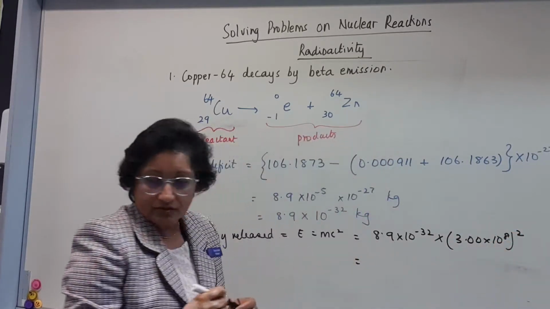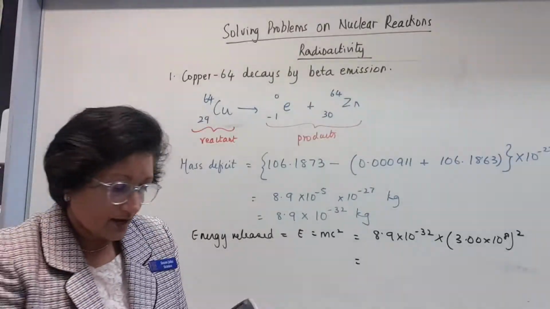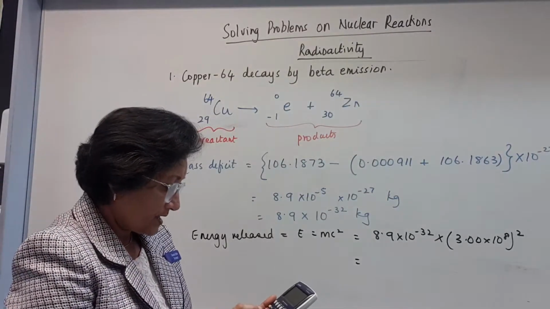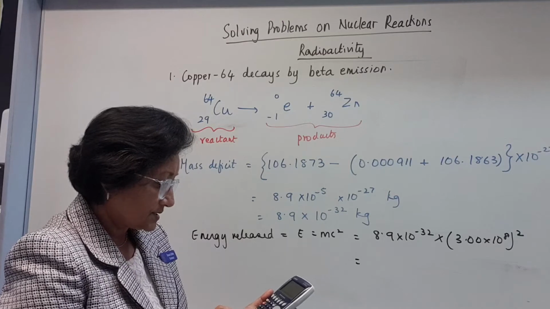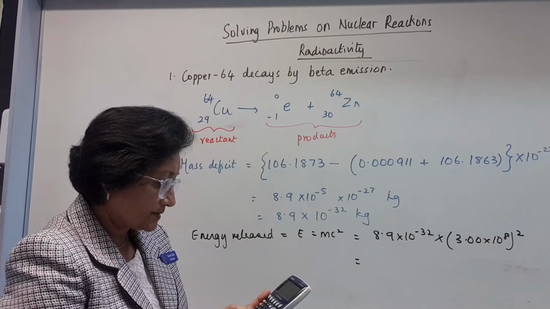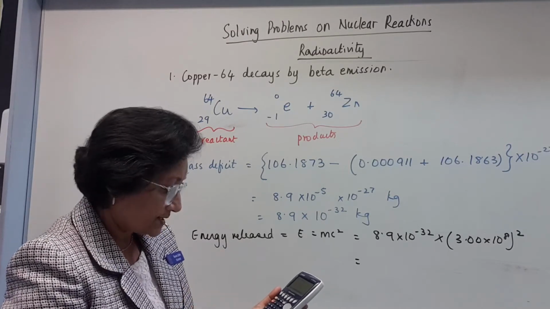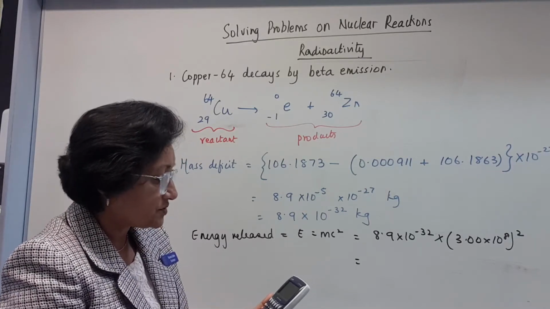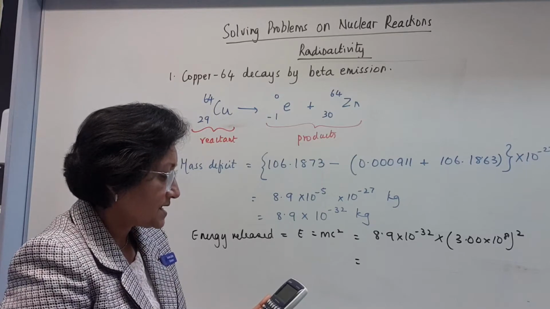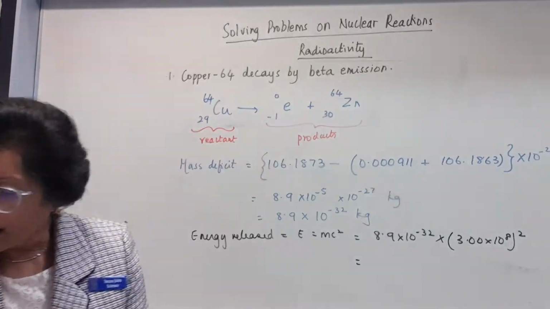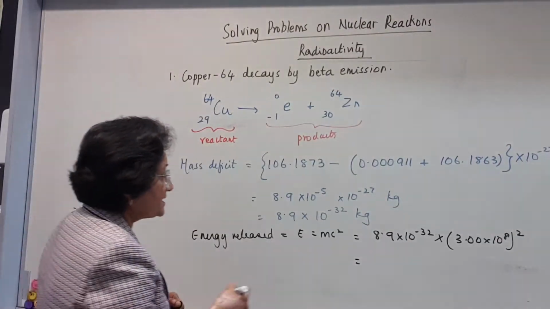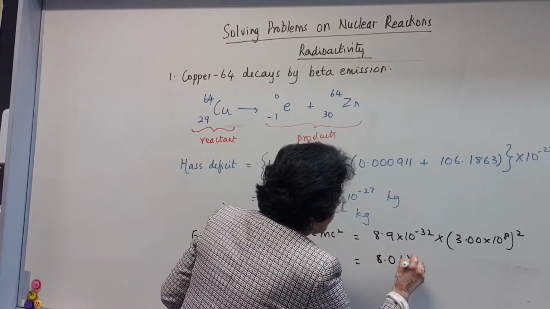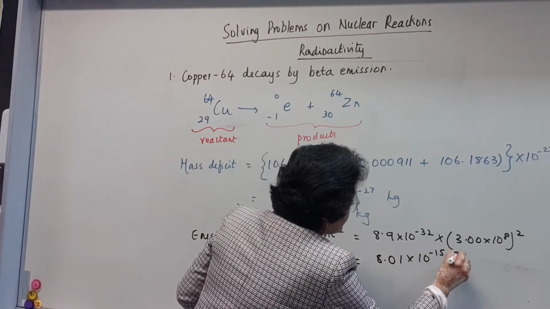So I just go 8.9 exponent negative 32 times 9, because 3 squared is 9, exponent 16, because 10 to the power of 8 squared is 10 to the power of 16, and I get 8.01 times 10 to the power of negative 15. And this is in joules.